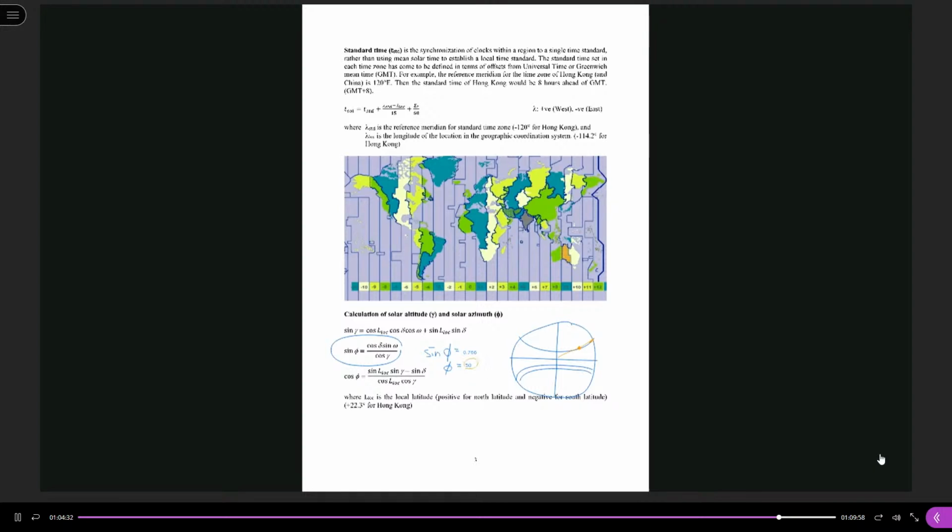It's because sine theta will equal sine of 180 degrees minus theta. This is the sine curve characteristic.